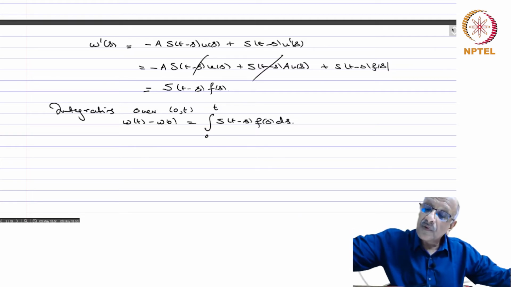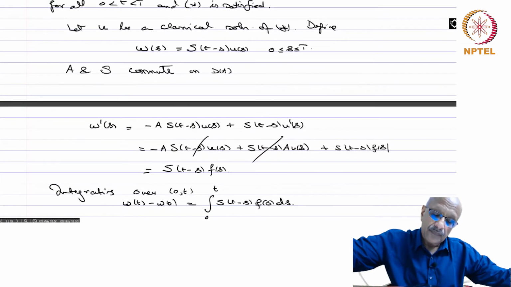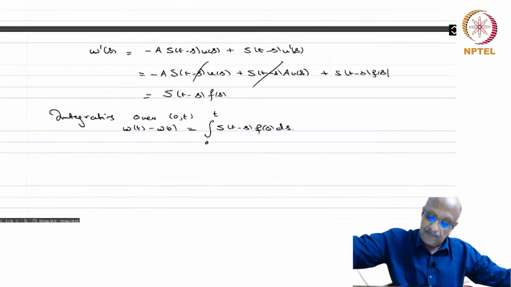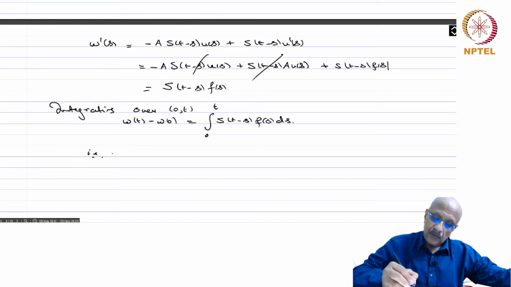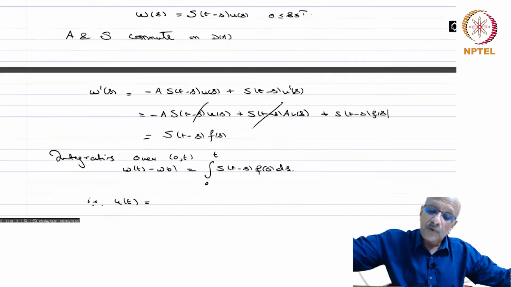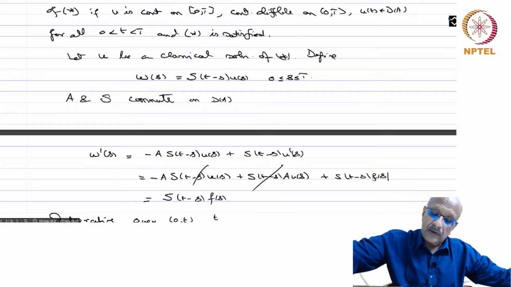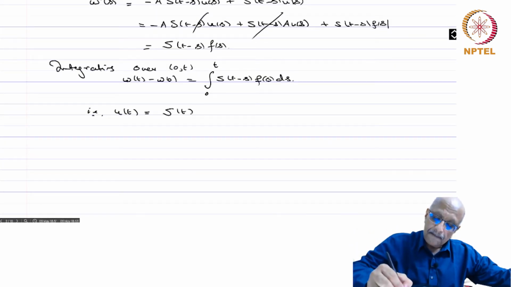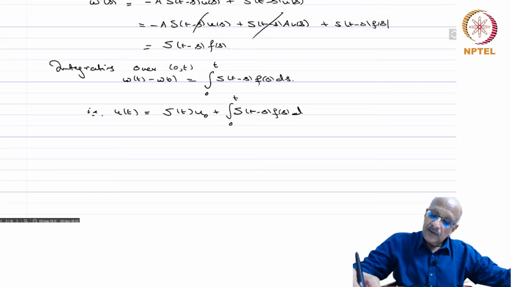And therefore, W(t) is S(0) u(t), so that we will get u(t). That is, u(t) equals W(0), and W(0) is nothing but S(t) u(0). So, u(t) = S(t) u(0) plus the integral from 0 to t of S(t-s) f(s) ds. Okay.